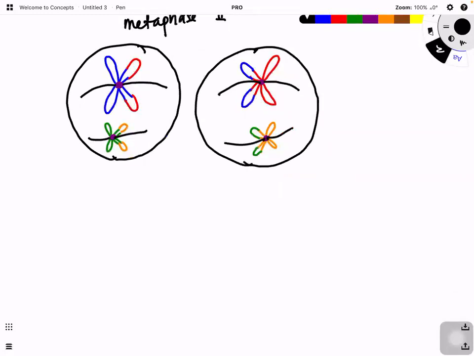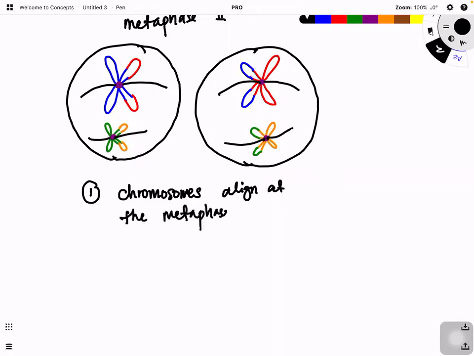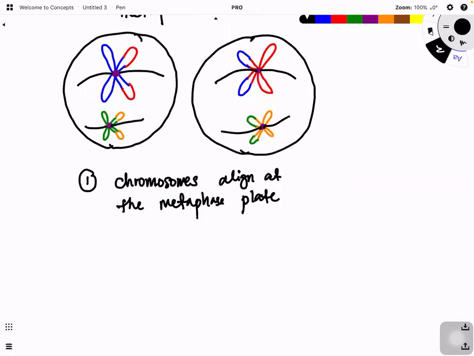So what are the signature events? Number 1, chromosomes align at the metaphase plate or equator of the cell.